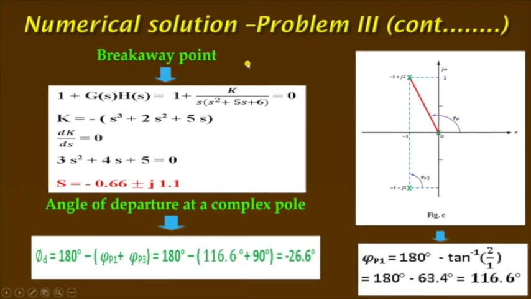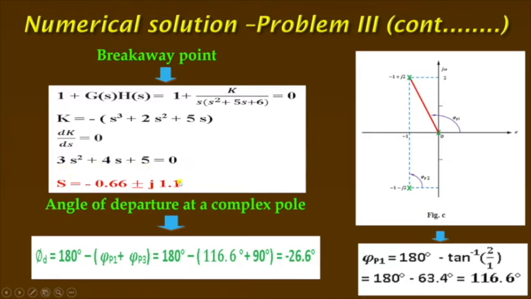Then find the breakaway point. 1 plus G(s)H(s) equal to 0. So from this equation, k equal to this value, then calculate dk by ds equal to 0. So this equation is 3s square plus 4s plus 5 equal to 0.